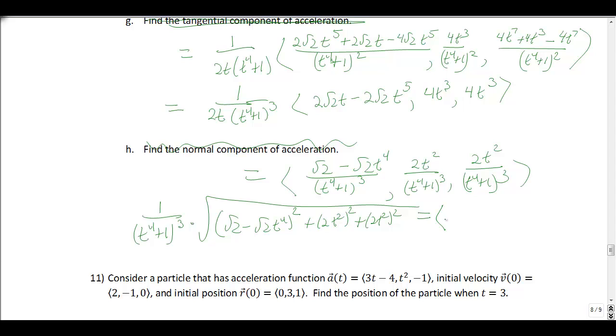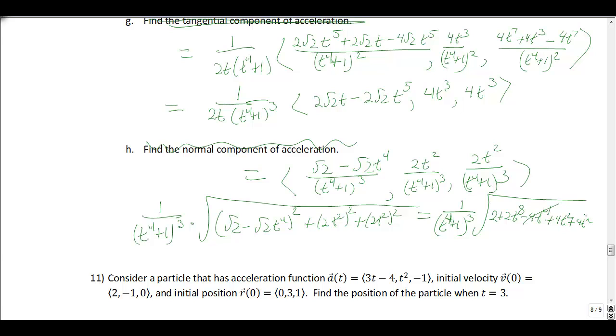So this is going to be, no vector here at all, 1 over t to the 4th plus 1 cubed times the square root of 2 plus 2t to the 8th, and then square root of 2 times square root of 2 is 2, times another 2 is 4, minus 4t to the 4th, plus 4t to the 4th plus 4t to the 4th.